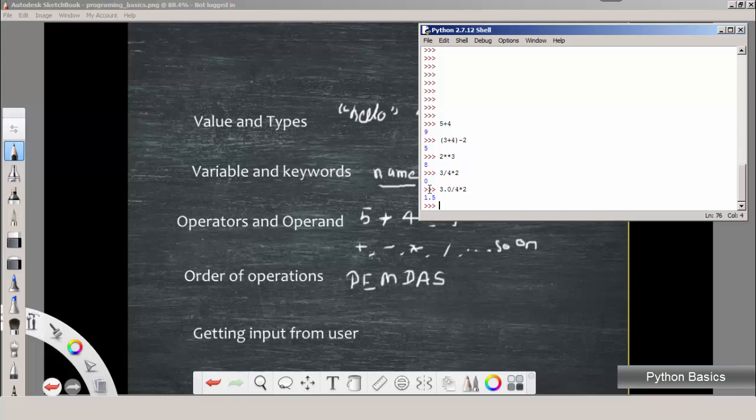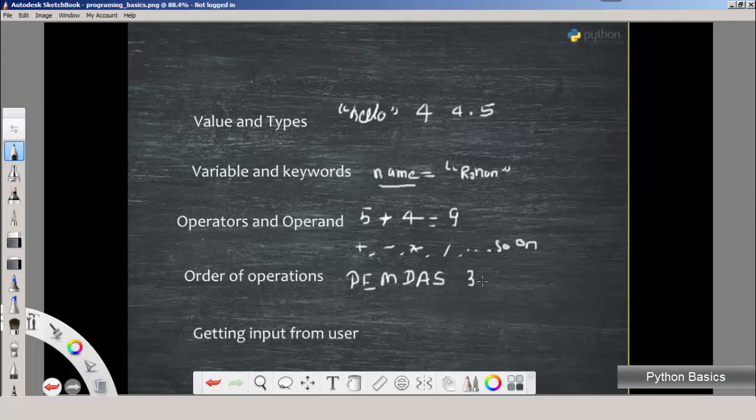So why is the output 0 here, while the same statement written with floating point gives 1.5? What is the difference? Let me show you. If we write 3 over 4, it will return something like 0.7 and so on. Let's see how we can check.